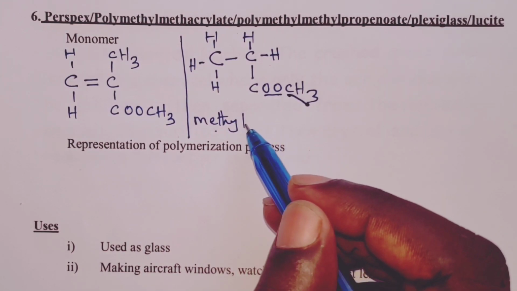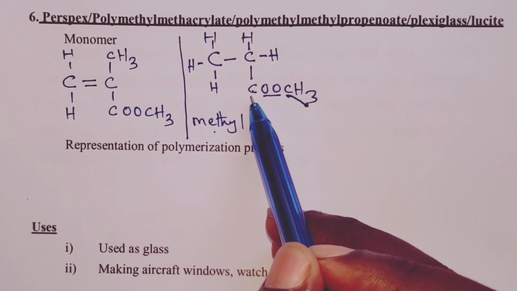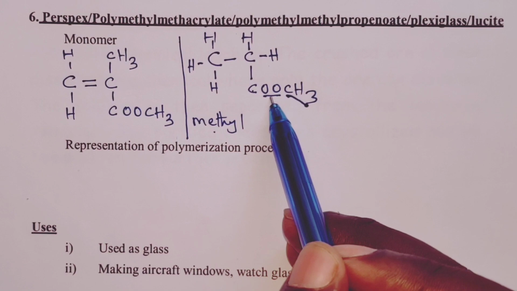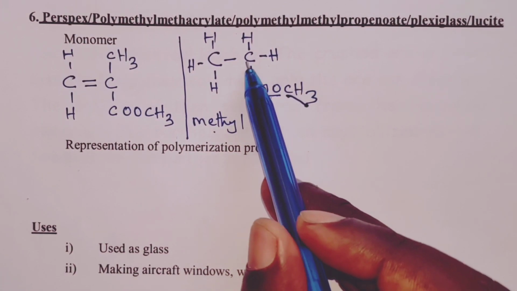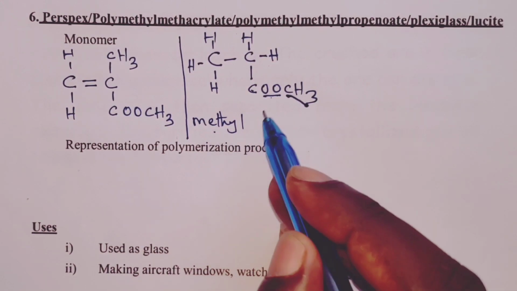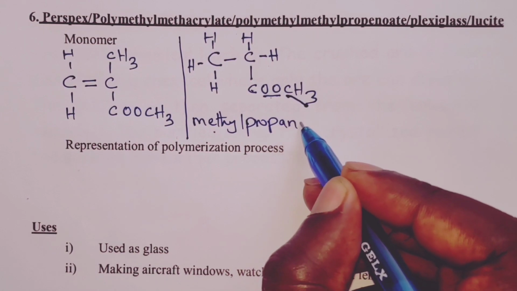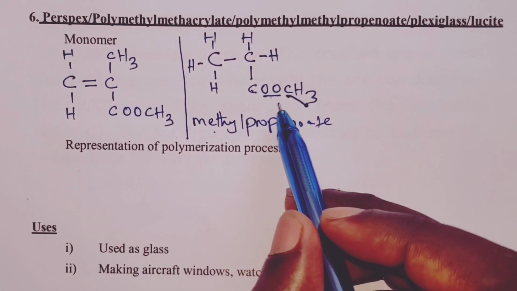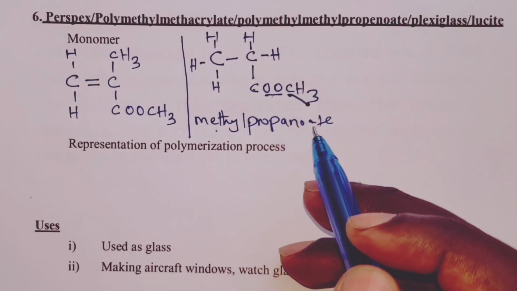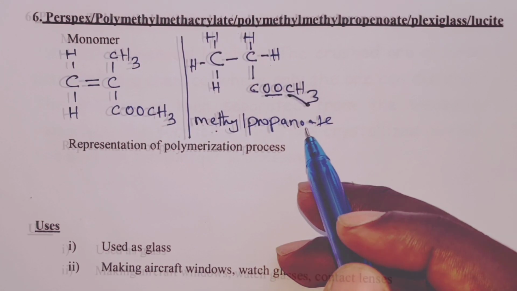And then for the alkanoate group, we go for the number of carbon atoms before the double oxygen atoms. And we can see there are three. So our name becomes methyl propanoate. One carbon after the double O and three carbons before the double O.